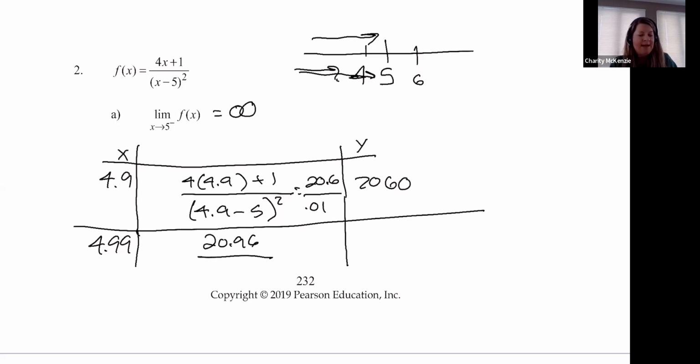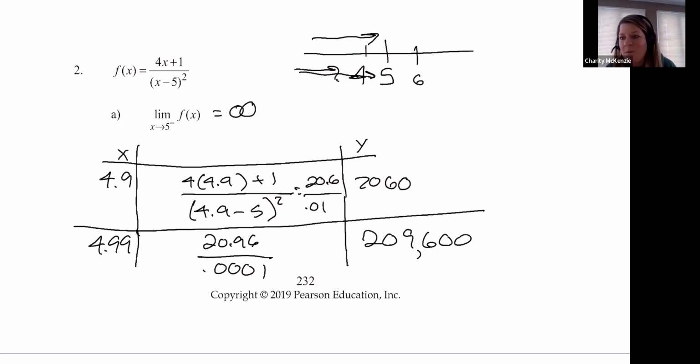And then I'm going to square that, and I get 0.0001. And then I'm going to say, okay, 20.96 divided by 0.0001. And I can see it's getting really big quite fast. Oops, I did one too many zeros there. Okay, so I can see this is going to positive infinity.